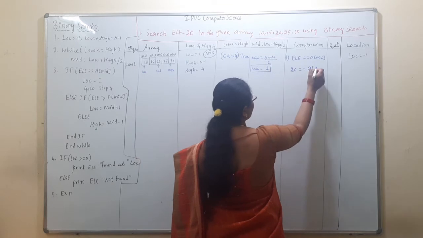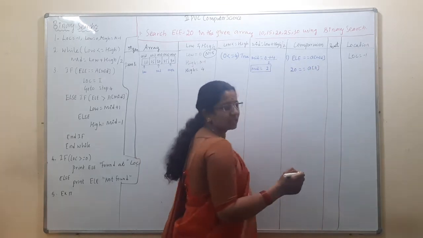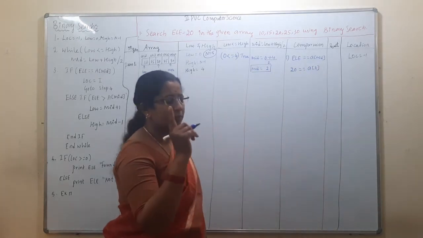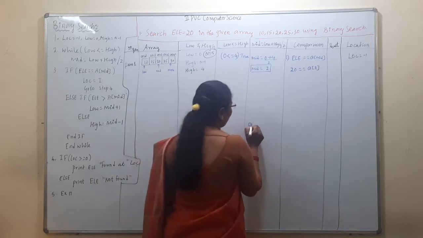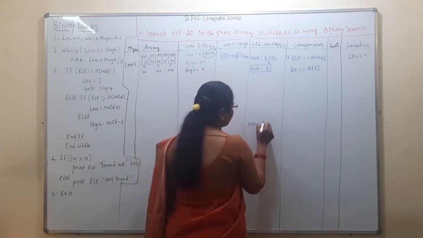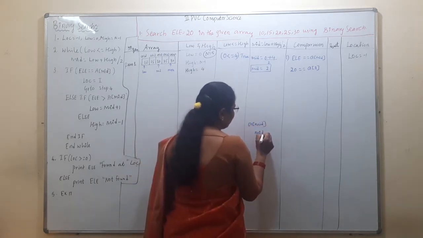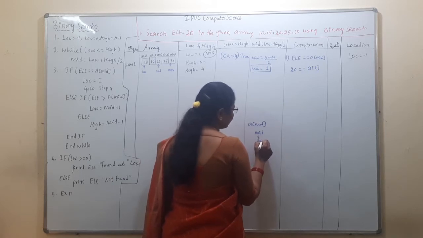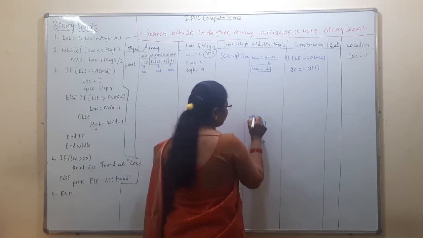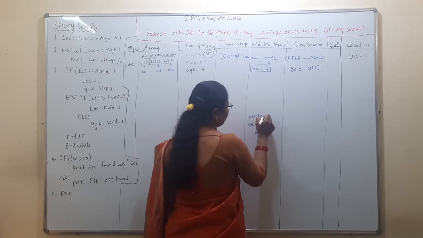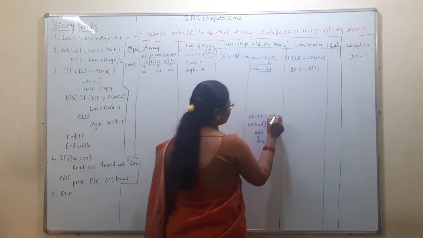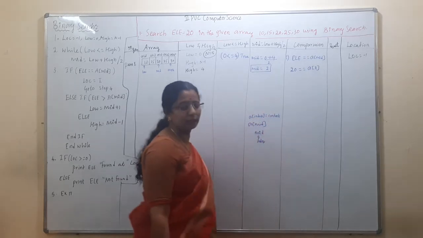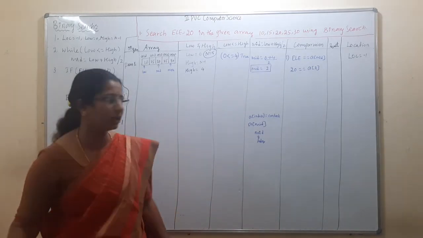What is mid? 2. In the last class I have explained to you, there is a difference between A of mid and only mid. Mid is index. A of index means content. That you should remember, student.